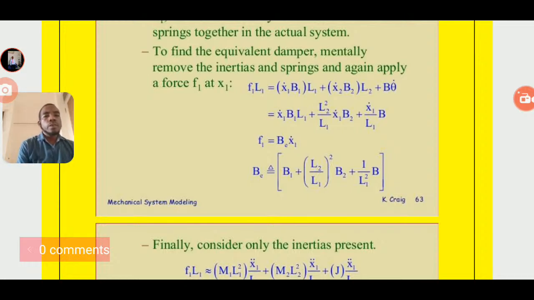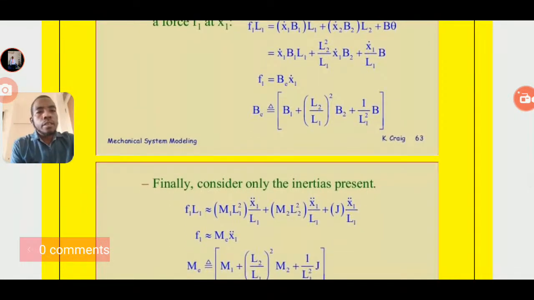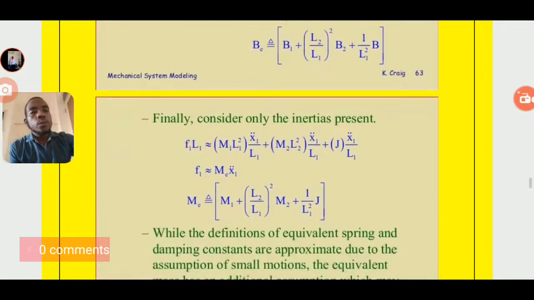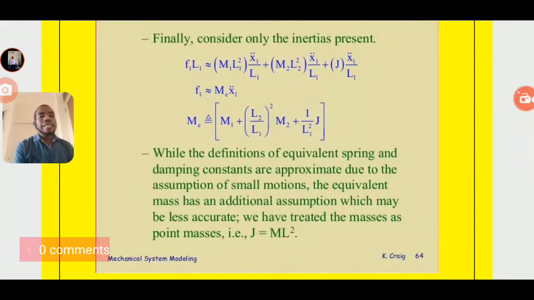F1 is equal to bc x1. So here bc is equal to b1 plus (L2 over L1) square b2 plus (1 by L1 square) into b. So finally, consider only the inertia present.